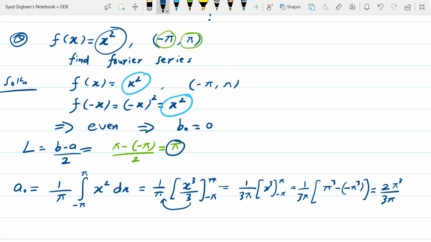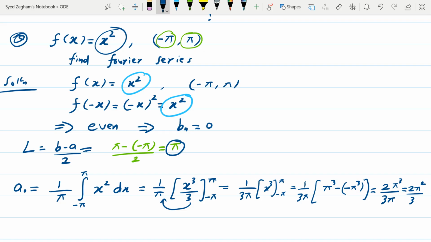Outside the bracket we have divided by 3 pi. So this gives us 2 pi square over 3, as one pi gets cancelled. This is our first value, which is a naught.